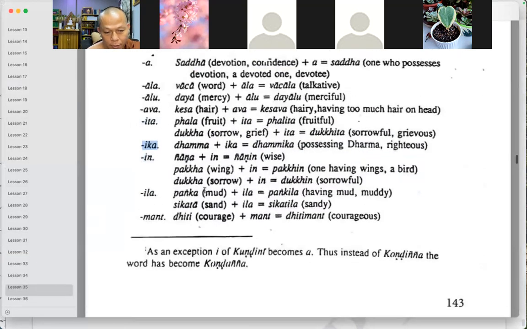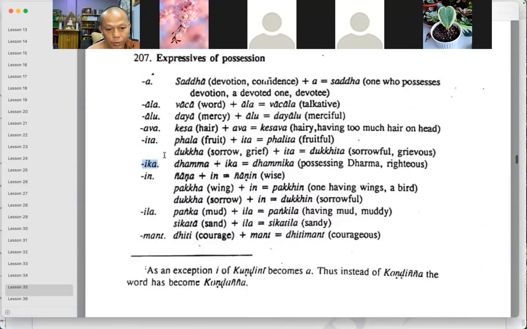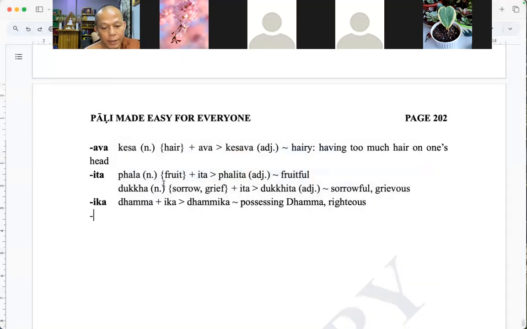Okay, we can finish the second kind also. Another one is a, like dana and adane. Here, jnana is neuter, knowledge or wisdom.